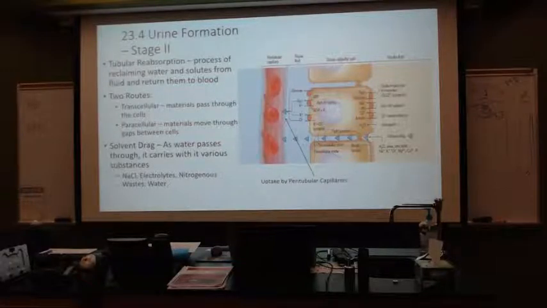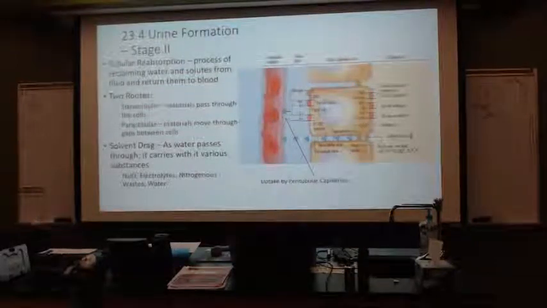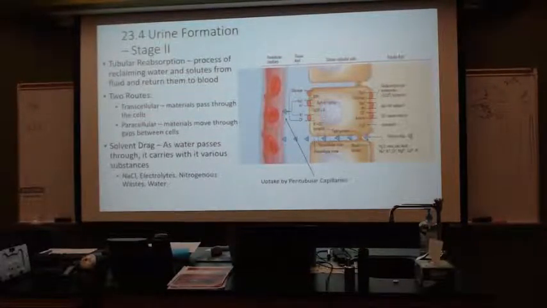If we have one chemical available and a second chemical near that plasma membrane, they can travel opposite each other, one going one direction, one going the other. So that would be an antiport.